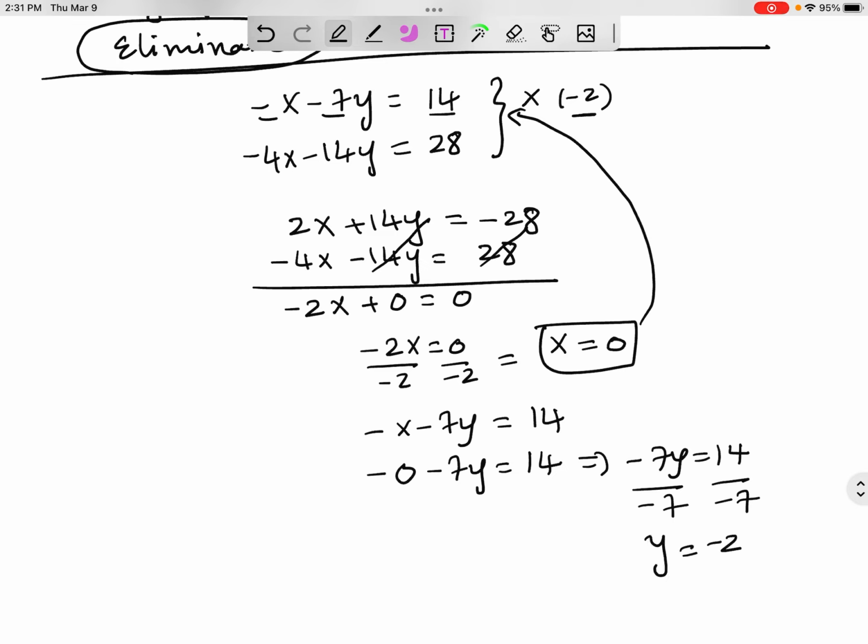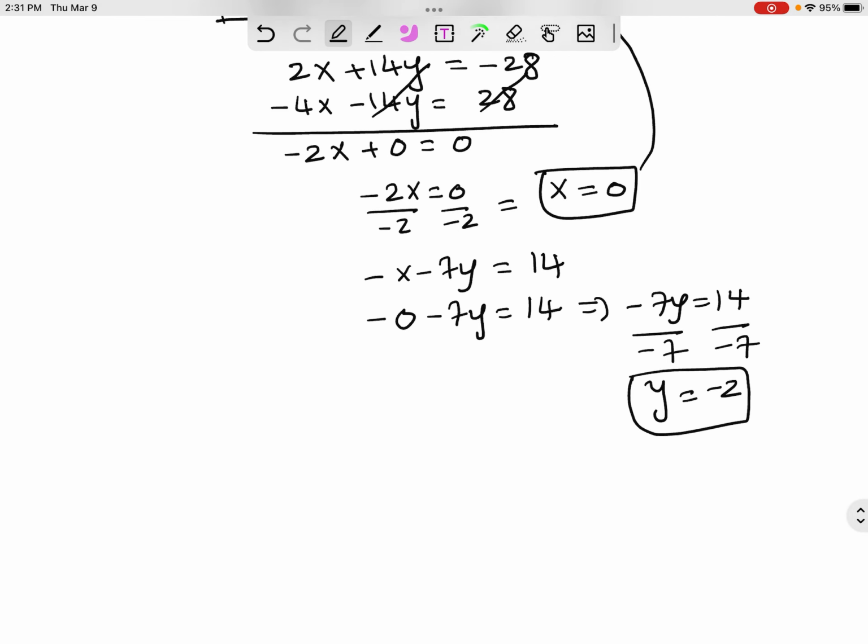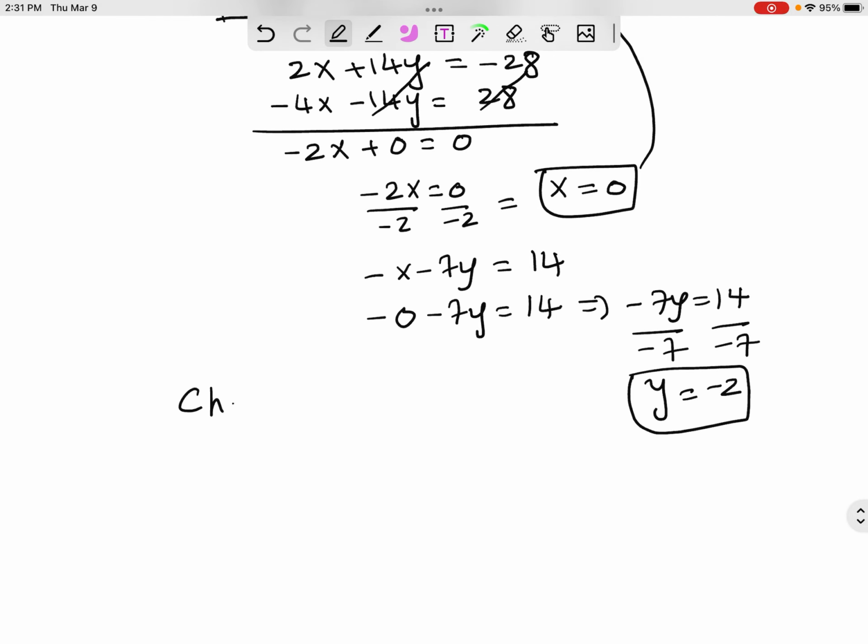Again, we have to make sure that we check our solution. So we got x equals 0, y equals -2. We have to make sure that it works for both of these equations that are given in the system. So let's check whether it works or not.